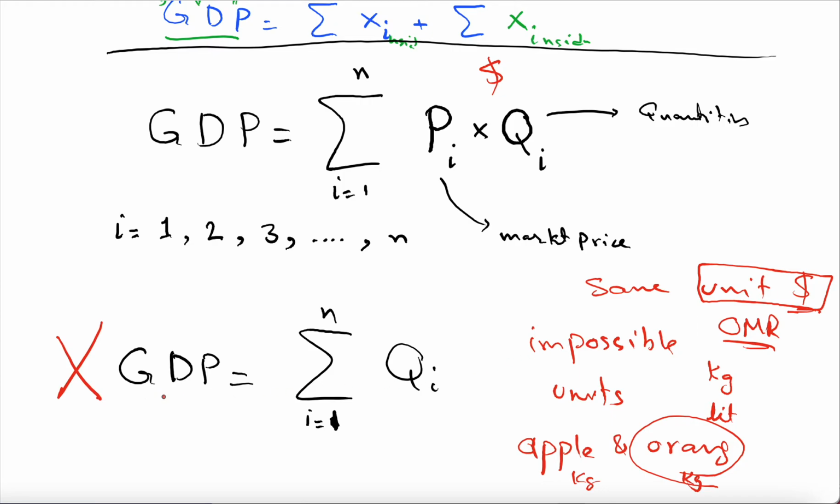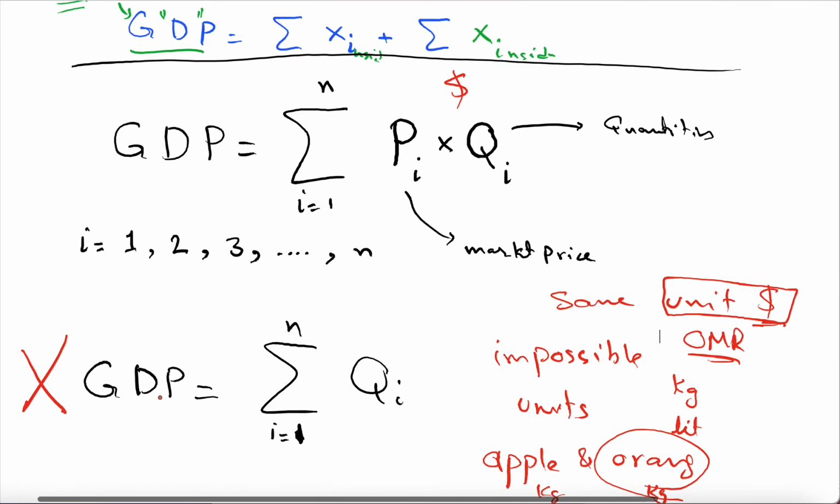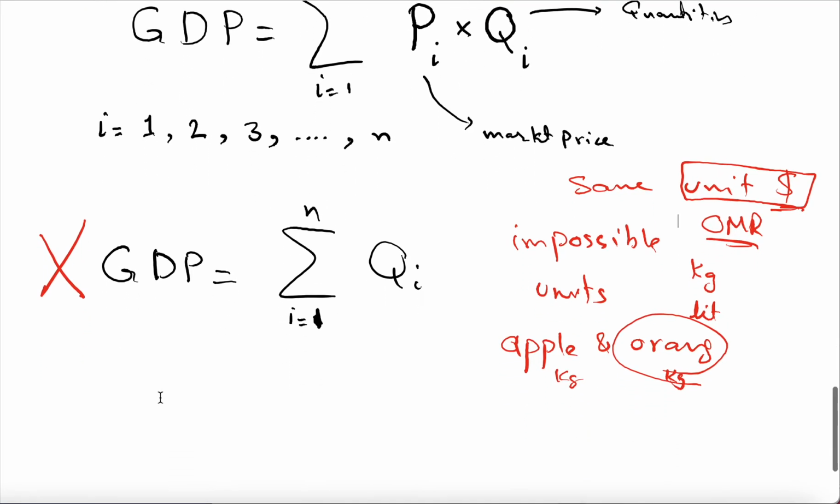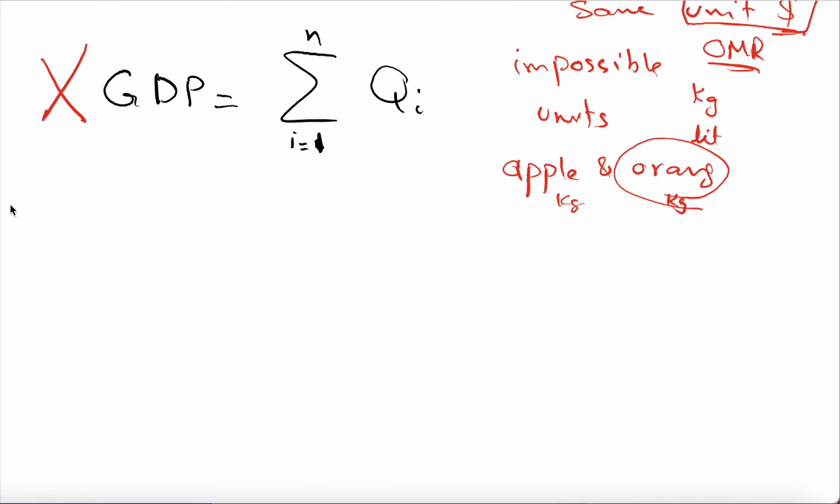So GDP is the total energy content of all final goods and services produced within a country. So this is the way market value comes to help. Why market value? You may say that, okay, I have a Rolex watch which my grandfather gave me.